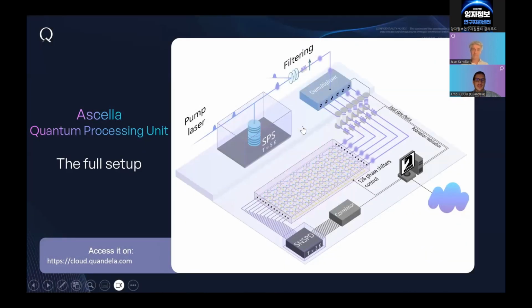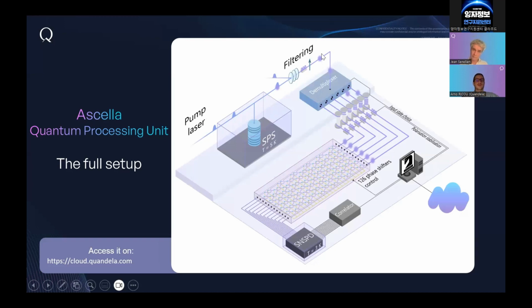And that's a scheme of the setup again. So we have a pump laser, at an 80 megahertz regime, that shines some light at the single photon source, and that in return emits a photon. Then this photon needs to be filtered out from the excitation laser.